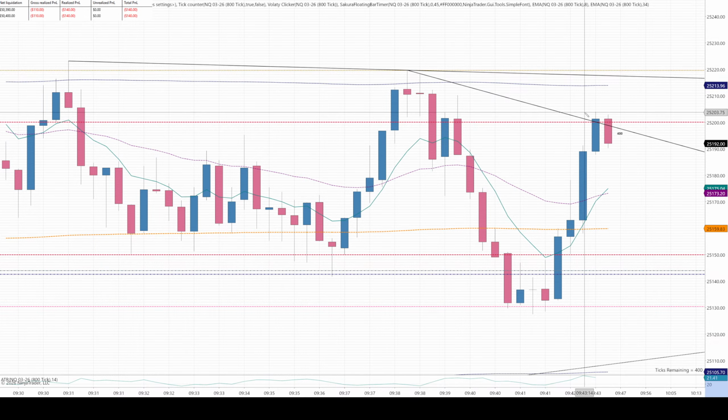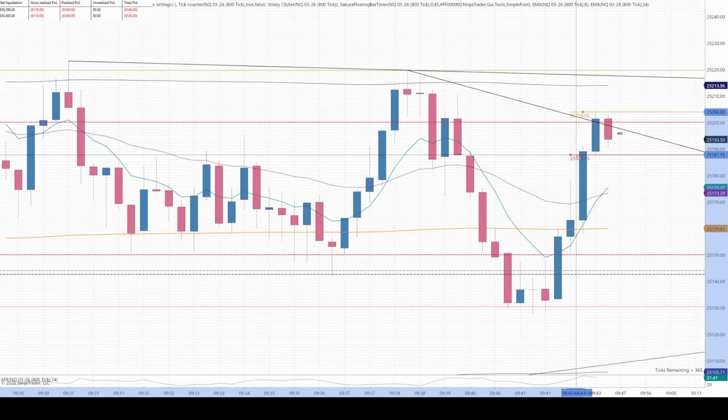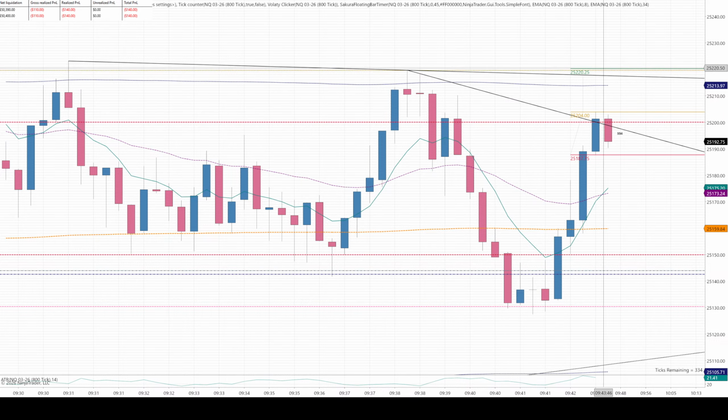And I probably shouldn't have taken that, because if you actually do the measured move here, you'll see that it's above standard deviation, above the trend line, above the golden ruler. So that was not a very smart entry by me.